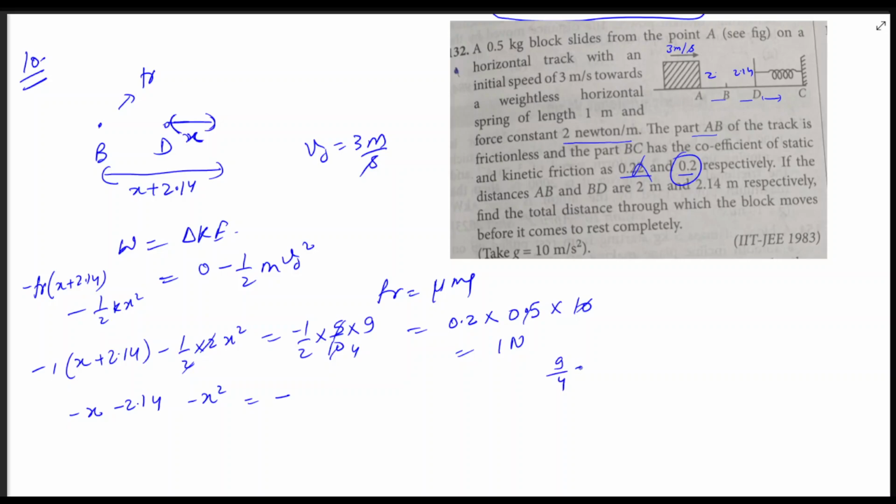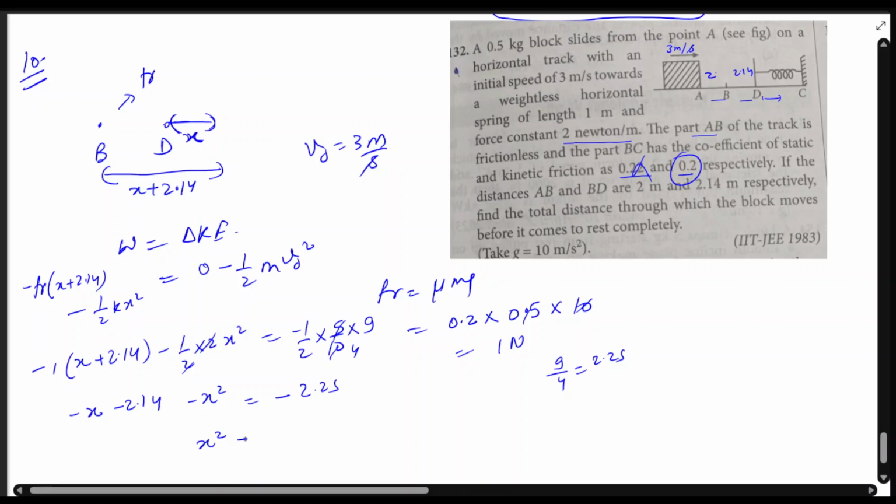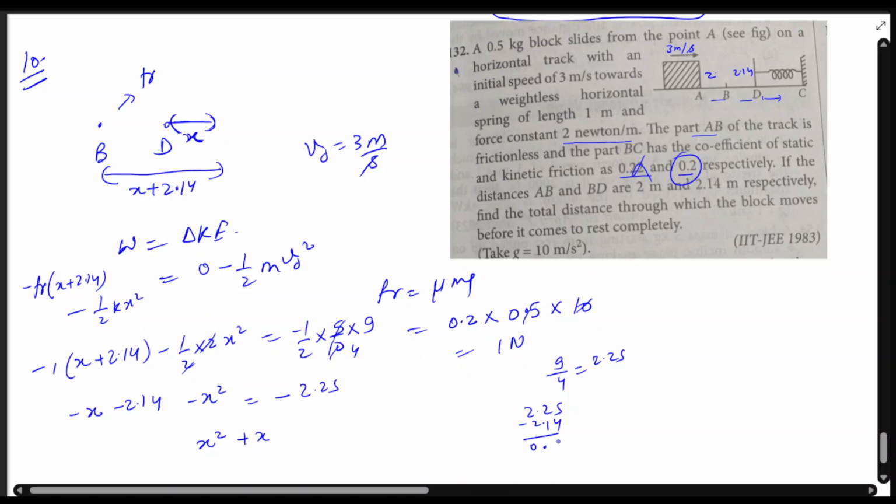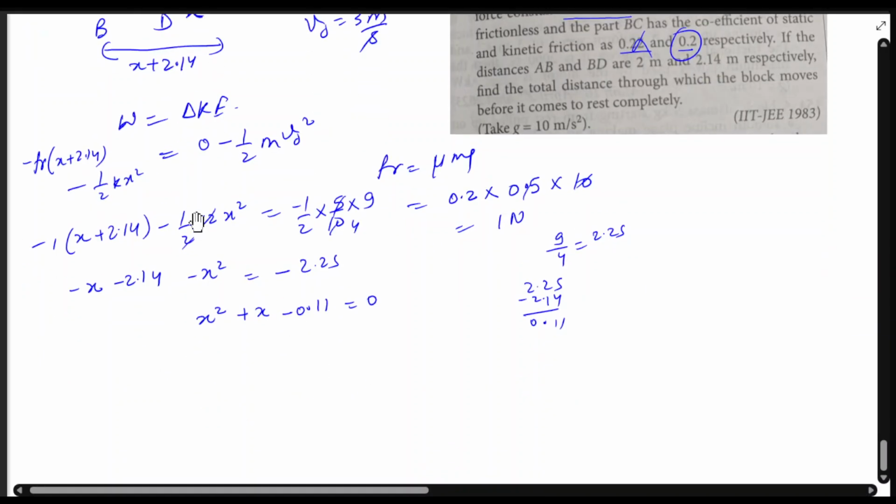So 9 by 4 is what? 9 by 4 is 2.25, right? So we will have x square plus x, and this will come up here. So we have 2.25 minus 2.14, so we have 0.11. Okay, so we'll have minus 0.11 equals 0. Right?